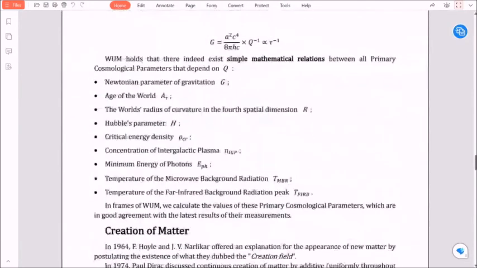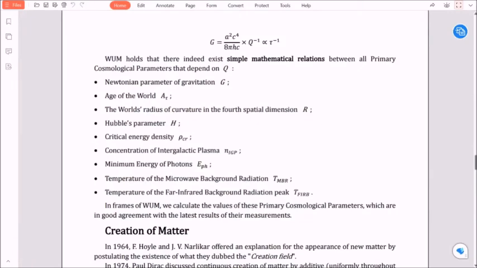According to these equations, WUM holds that there indeed exist simple mathematical relations between all primary cosmological parameters that depend on Q: Newtonian parameter of gravitation, age of the world, radius of curvature in the fourth spatial dimension, Hubble's parameter, critical energy density, concentration of intergalactic plasma, minimum energy of photons, temperature of the microwave background radiation, temperature of the fine infrared background radiation peak.